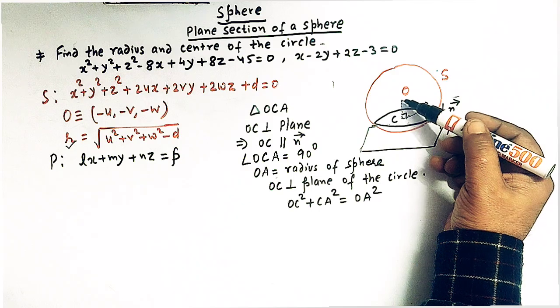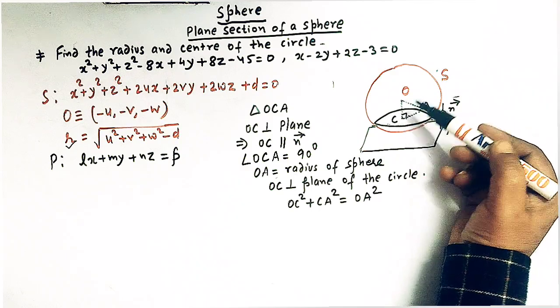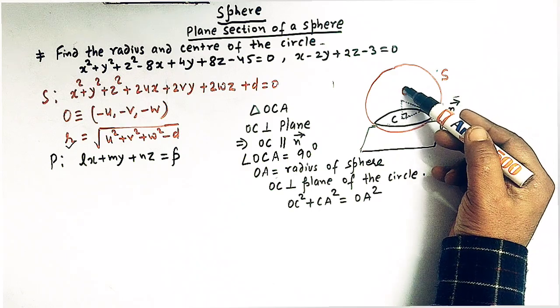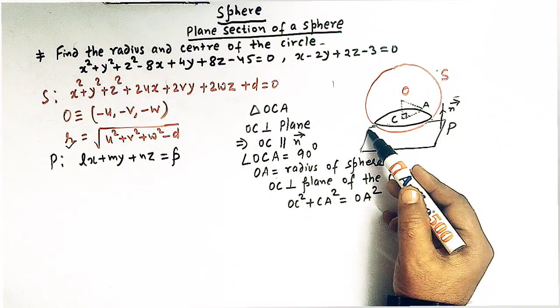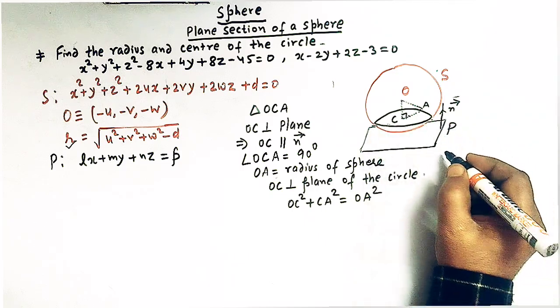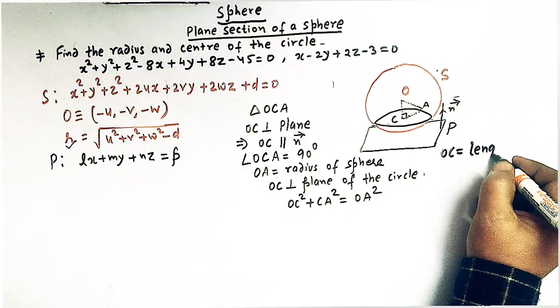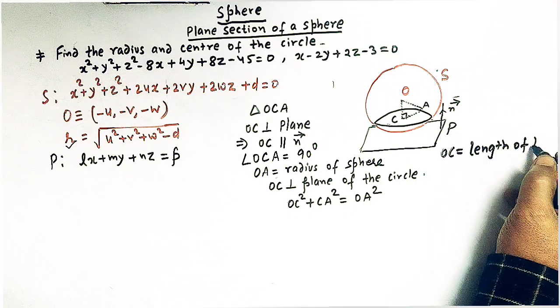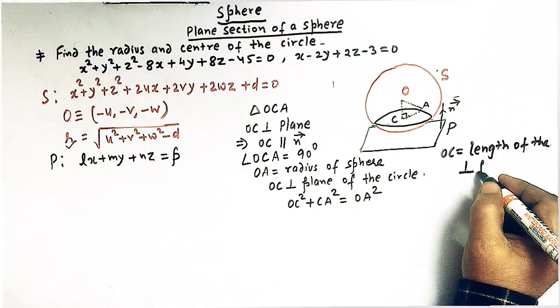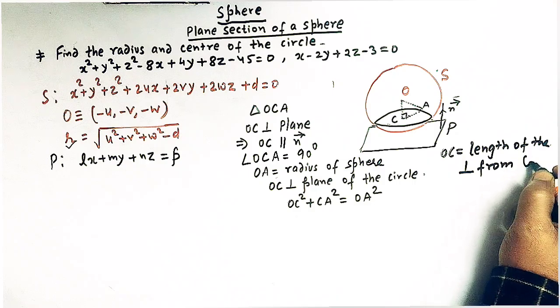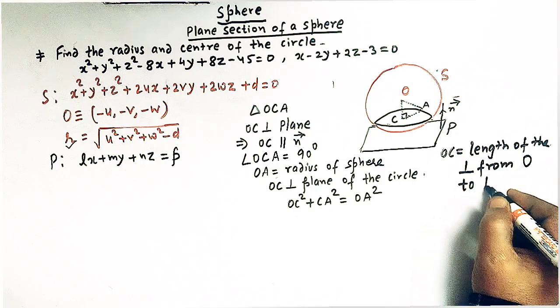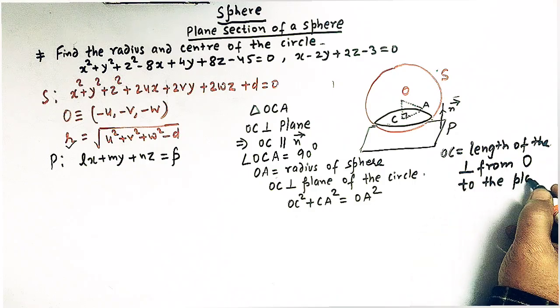Now OC is the length of the perpendicular that is drawn from this point O to this plane P. So OC can be taken as the length of the perpendicular from the point O to the plane P, right?